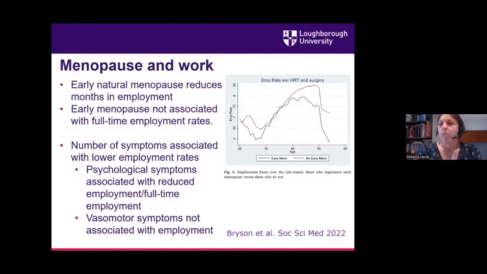However, symptoms had a greater impact than timing of menopause, early menopause, on employment rates. But interestingly, it was the psychological symptoms that were associated with employment rather than the vasomotor symptoms. And these are the classic menopausal symptoms that are the hot flushes and the night sweats, which others have spoken about in previous weeks.